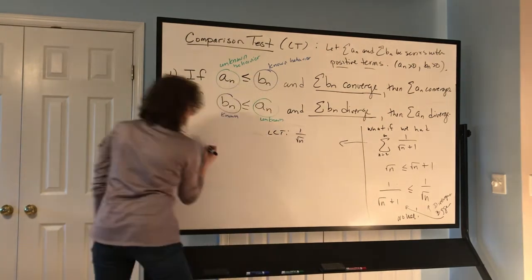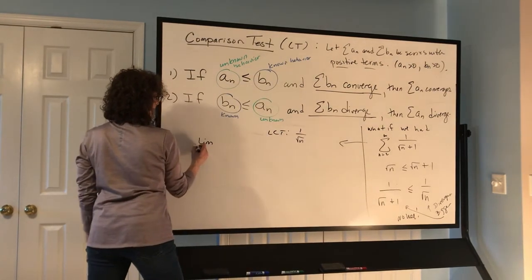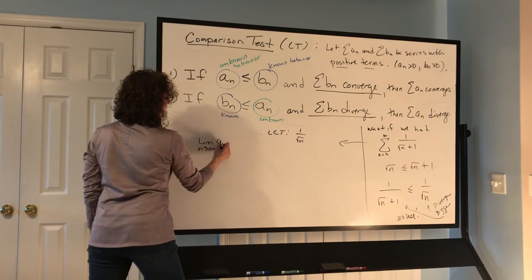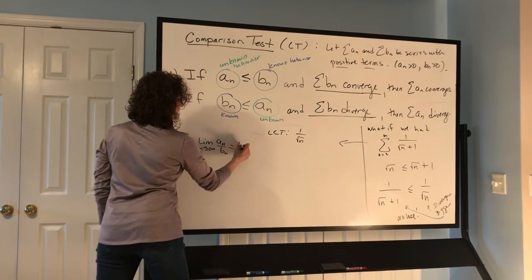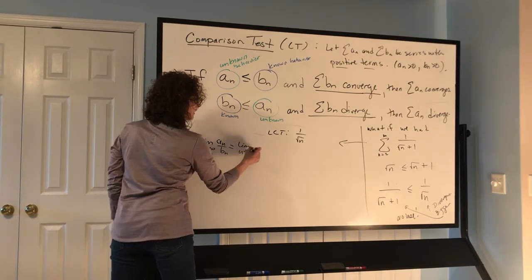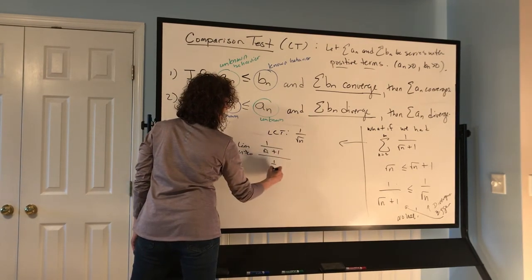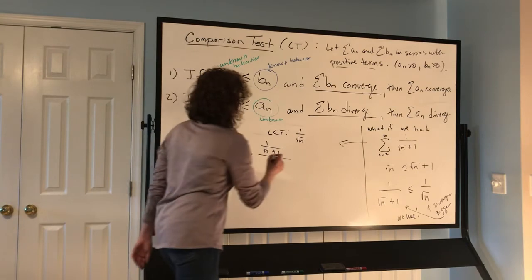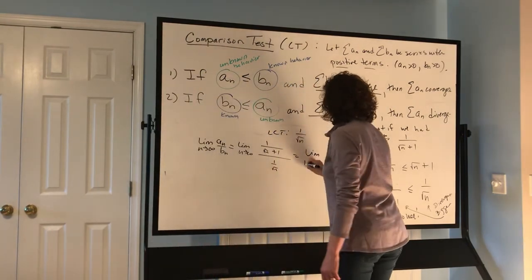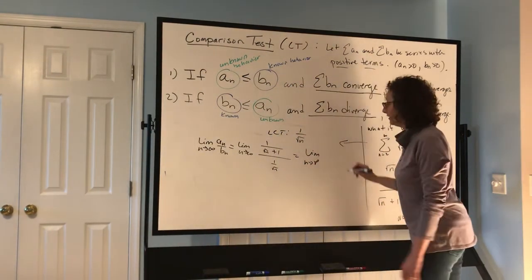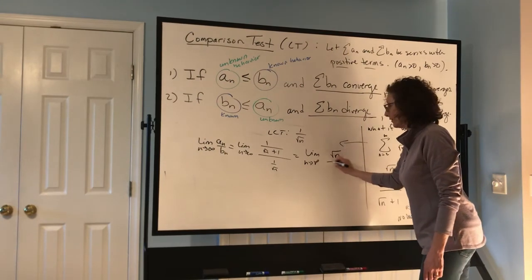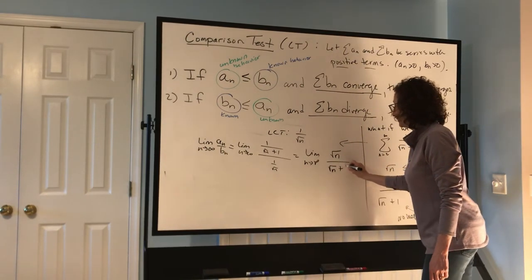Good. That would be a limit comparison test with 1 over the square root of n, right? Why? If I look at the limit as n goes to infinity of an over bn, I would have the limit as n goes to infinity of 1 over root n plus 1 over 1 over root n, yeah? Which is the limit as n goes to infinity of root n over root n plus 1, yeah?